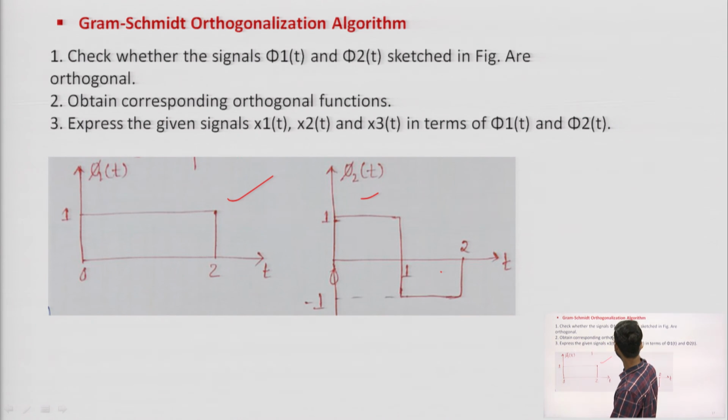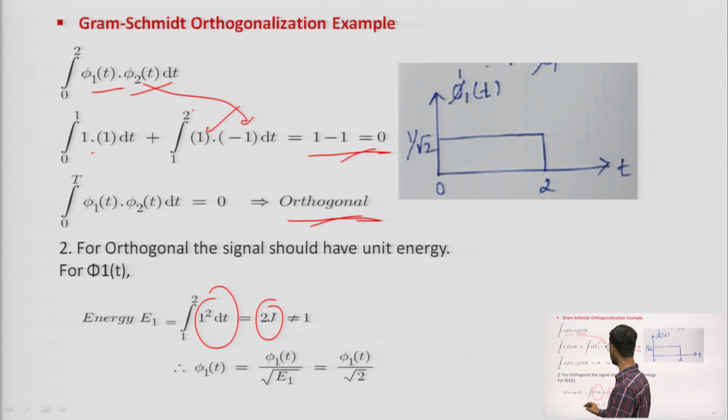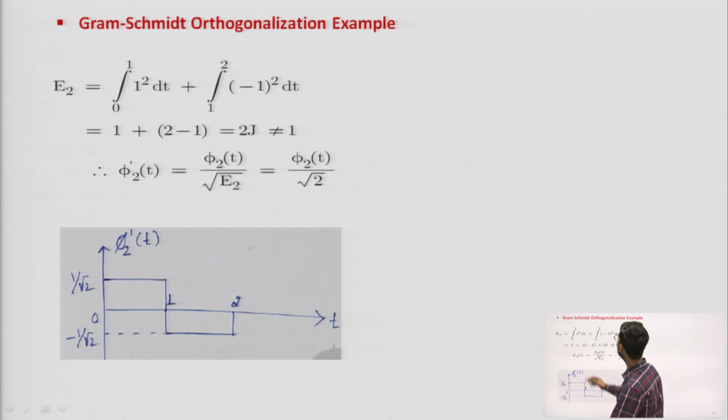To obtain the corresponding orthonormal functions, we have to find phi 1 dash(t) equal to phi 1(t) divided by root E1. Here E1 is 2, so we divide by root 2, and that is normalized. Similarly, E2 is also 2, which is not equal to 1.